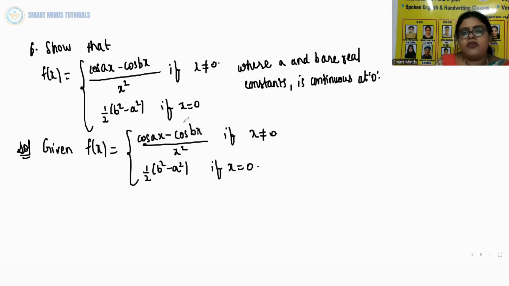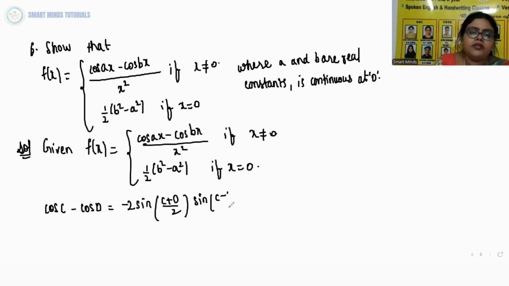So for this we use the cos c minus cos d formula. So first let me give you what is cos c minus cos d from transformations. It is minus 2 sine c plus d by 2 sine c minus d by 2. This is the formula we are going to use now.